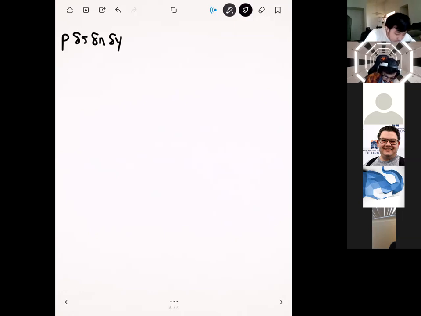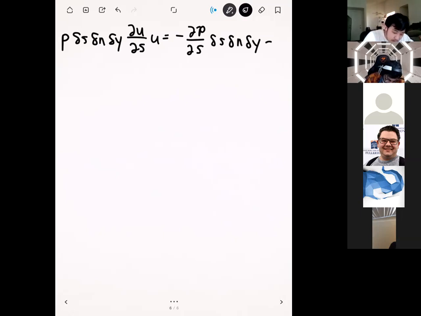Then we have our acceleration, which is equal to minus dp ds times the volume, delta s delta n delta y, and then minus the weight, rho g delta s delta n delta y sine theta. All I did there was cancel out the pressures like we did before and plug in all the other terms.